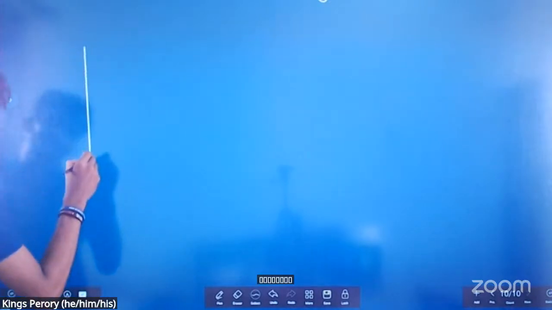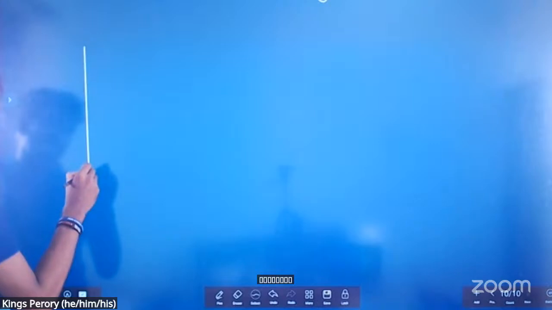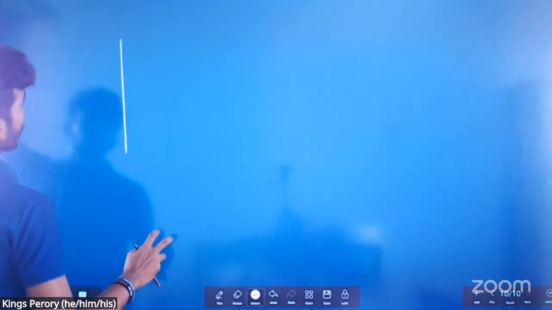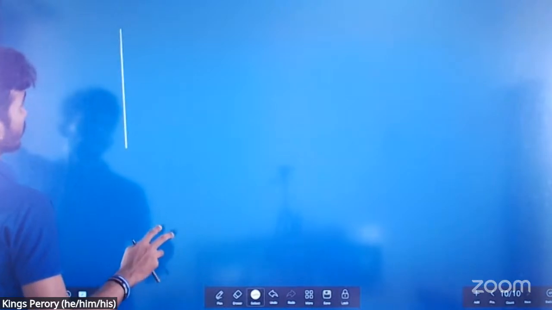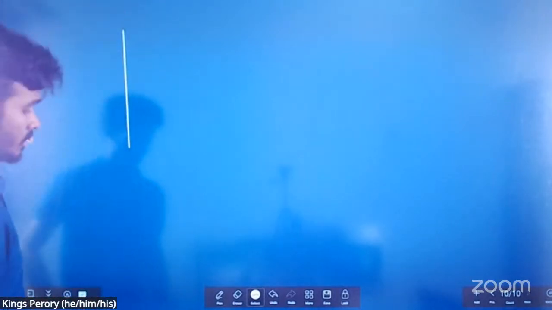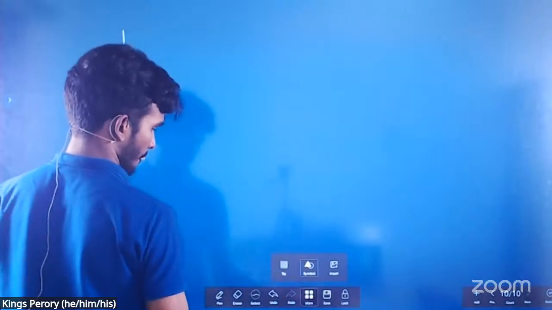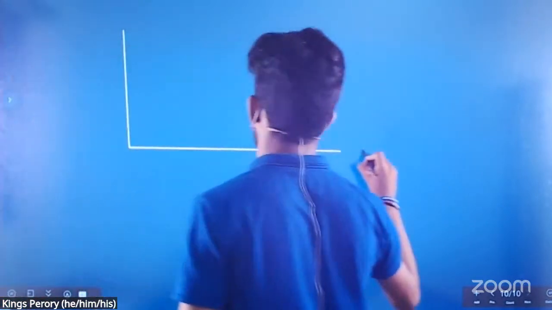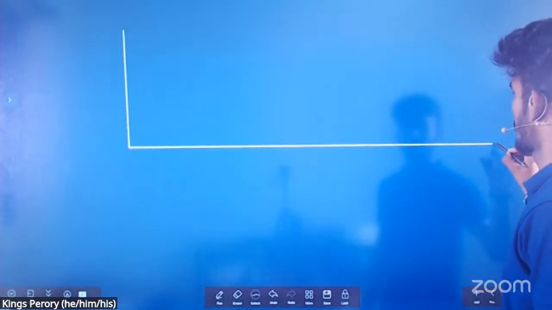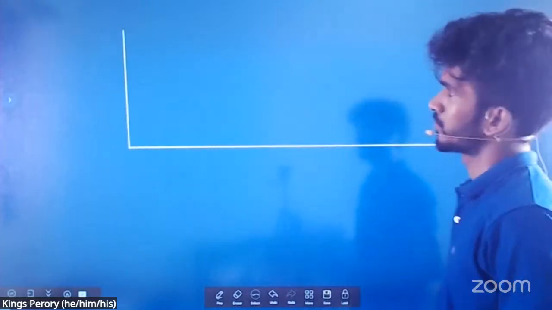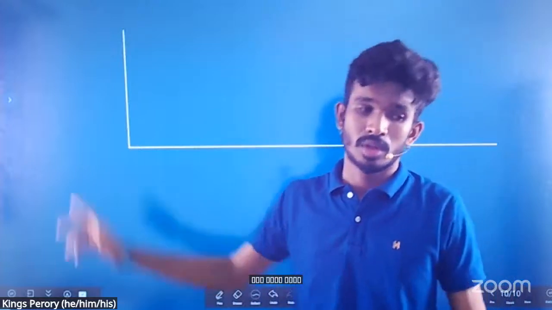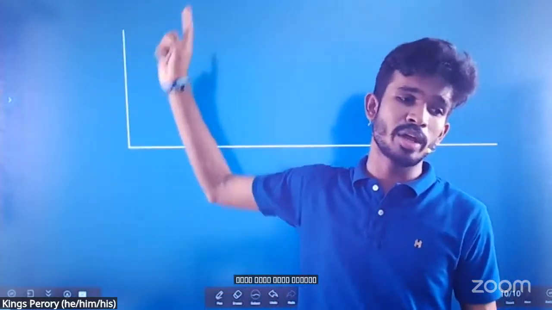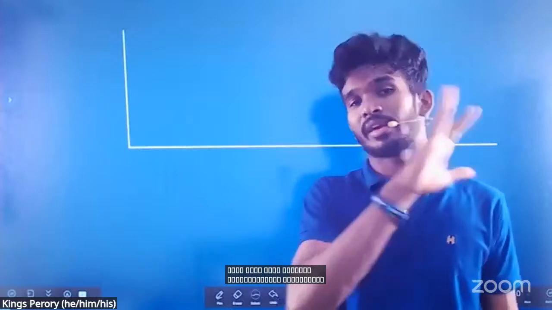We'll take this graph. The y-axis is going to be the electrical wave.